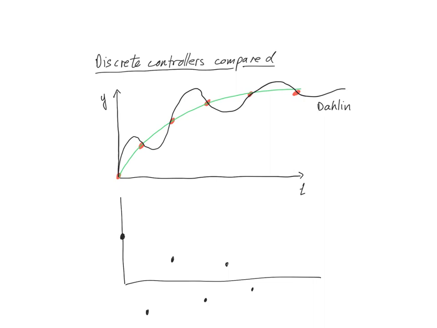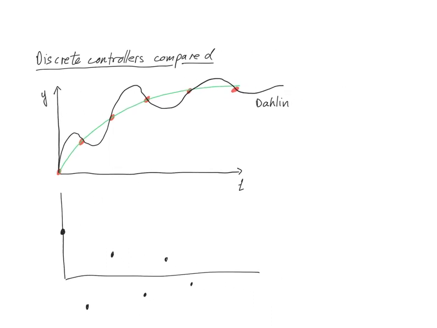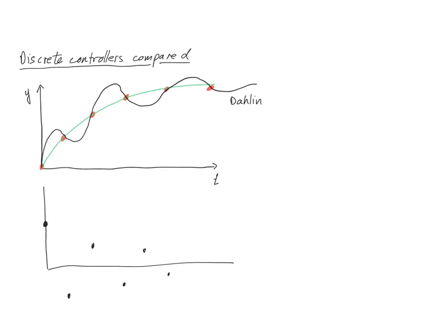So the first version of this controller design is to use a second order target. Unlike the Dahlin controller, which uses a first order target function, the Vogel-Edgar controller uses a second order target function, and this allows us to much more cleanly approximate the output.